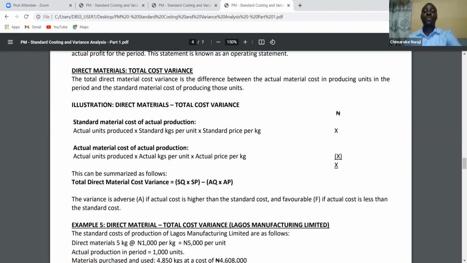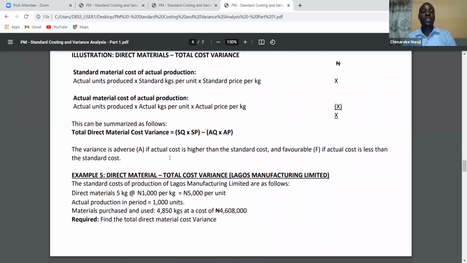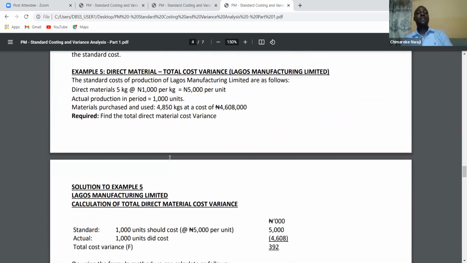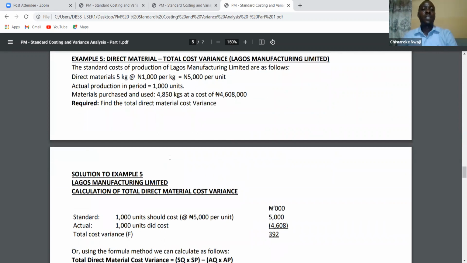When it is favorable, we use an F. So let's look at example number 5. The standard cost, which we use in example 1, for Lagos Manufacturing Limited, direct materials is 5 kg at 1,000 naira, which is 5,000 naira per unit.